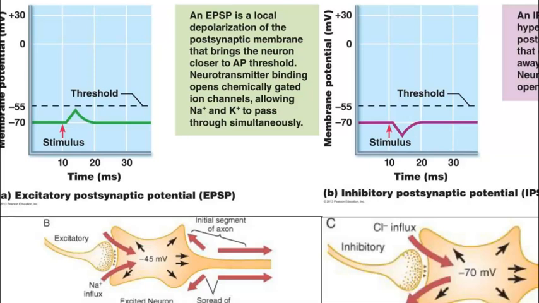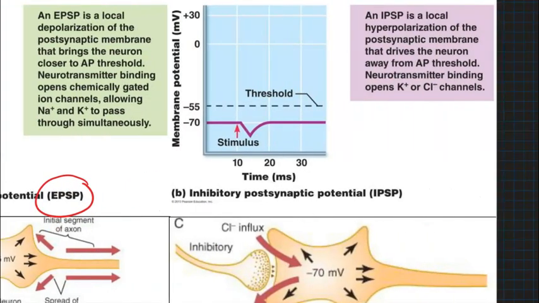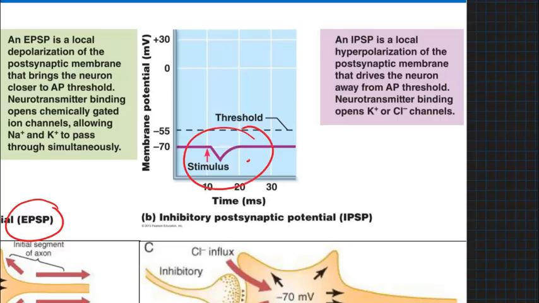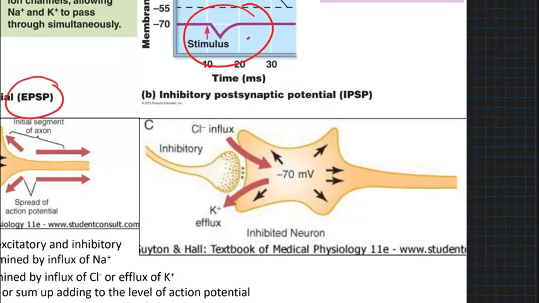When neurotransmitter binds to the receptors, it can either cause depolarization. We call it excitatory postsynaptic transmission because sodium diffuses in. Or it can cause inhibition. That can happen because of chloride going in or potassium going out.